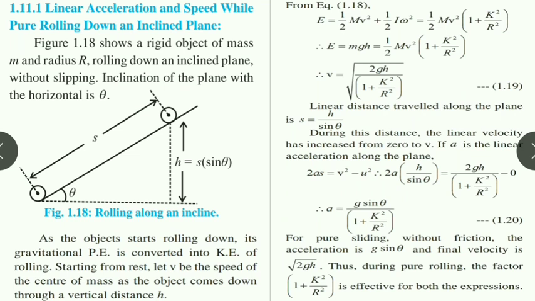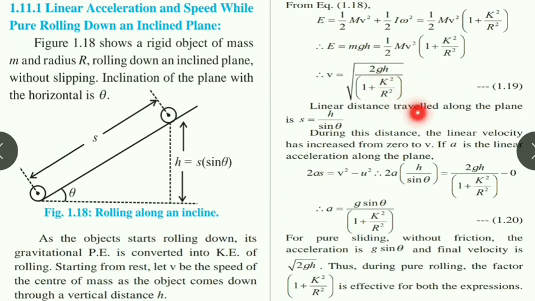For pure sliding without friction, the acceleration is g sin theta. It means for pure sliding there is no rotational term, so we only consider kinetic energy equal to half mv square.